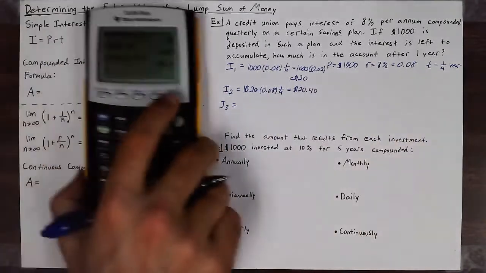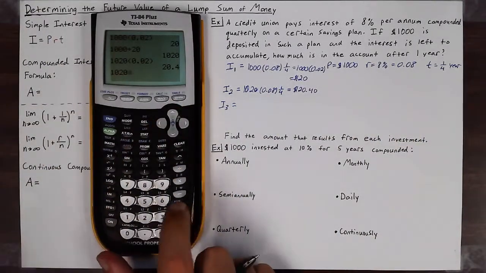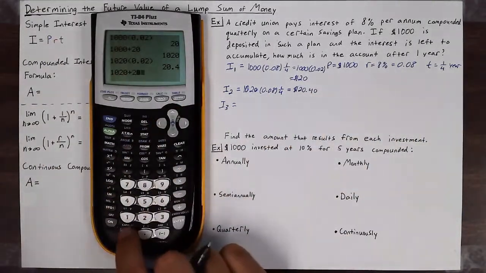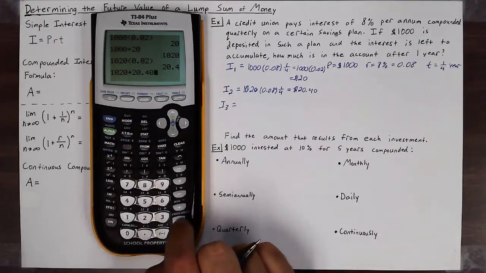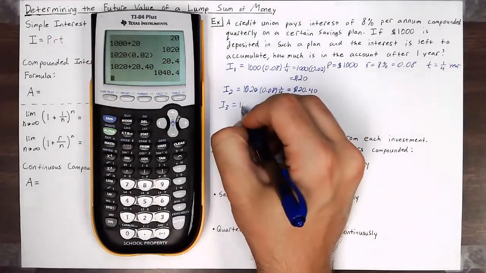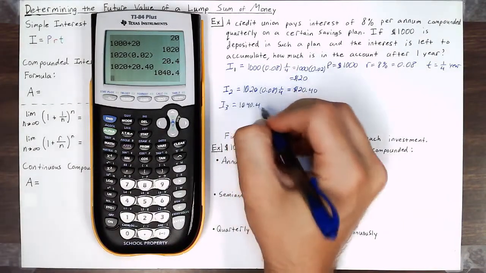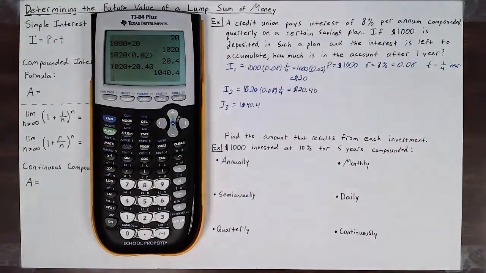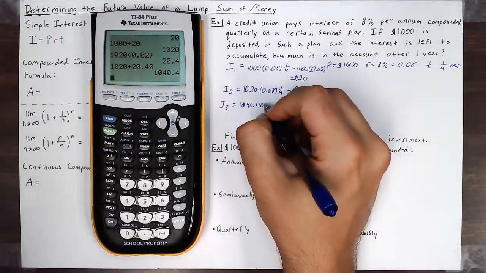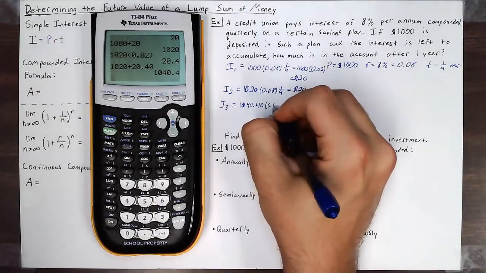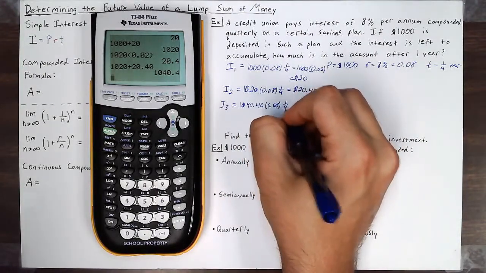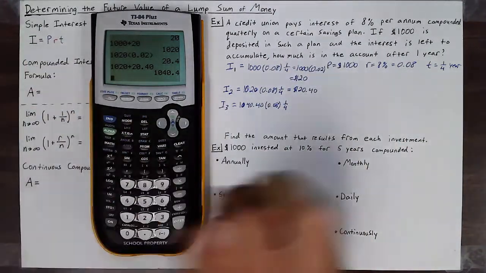So now I'll take my $1,020 and add my new interest amount of $20.40, which is $1,040.40. Then I'll do times 0.08 and 1/4 of a year again, the same time period.